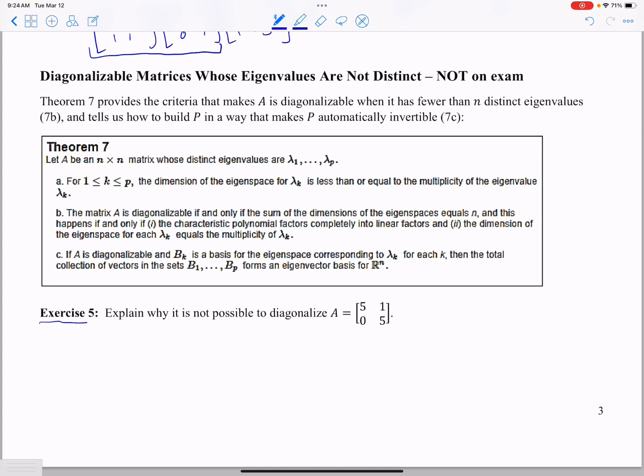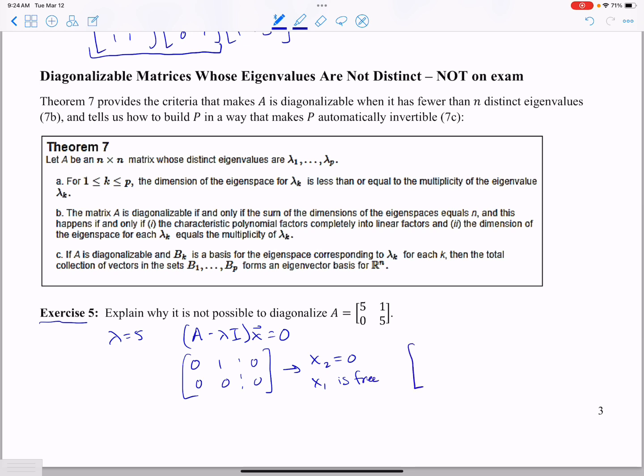I'm going to find the eigenspace corresponding to lambda equals 5. So again, I want to think about A minus lambda I, x equals 0. So subtract 5 off the diagonals, I get 0, 1, 0, 0. This tells me that x2 is 0 and x1 is free.